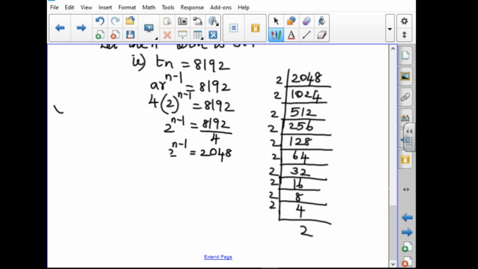So the answer will be 2 power n minus 1 equal to 2 power 11.